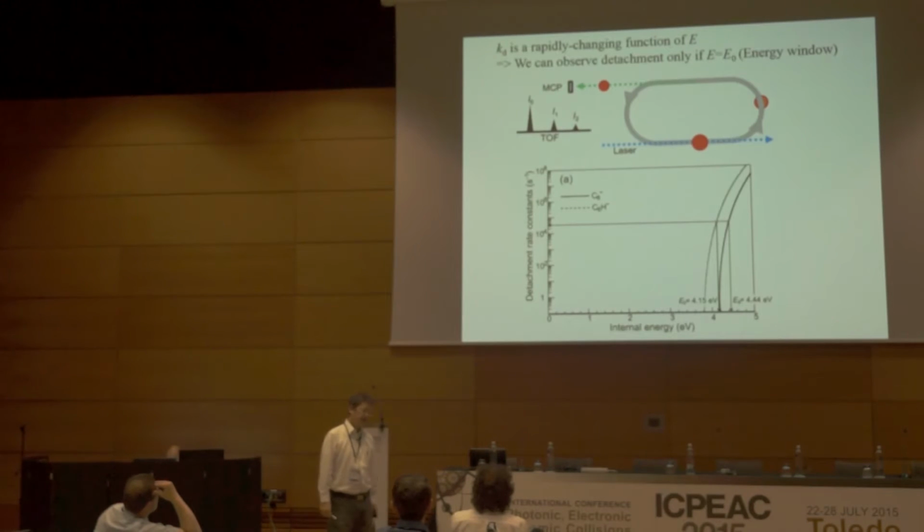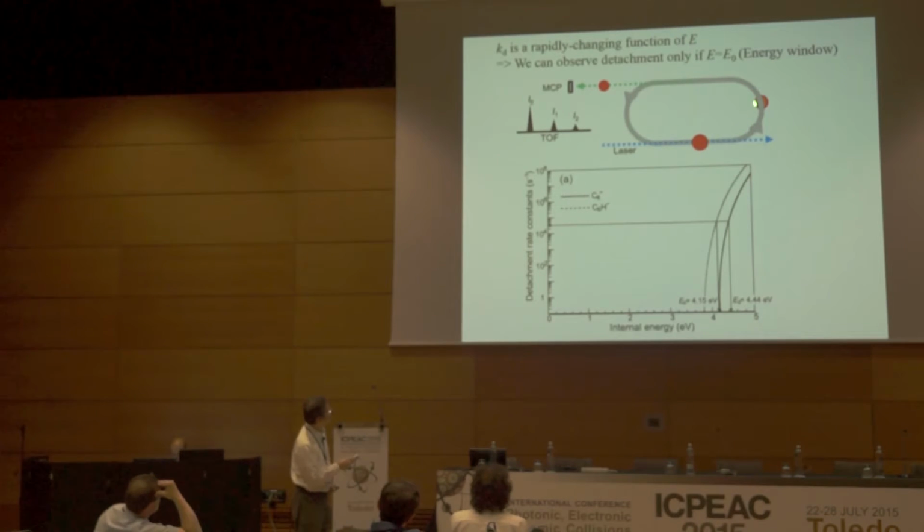Now let me go back to the experiment. We excite the ion by the laser here and detect the neutral here, one revolution later. Anyway, we selectively detect the ion with a specific lifetime, a specific detachment rate.